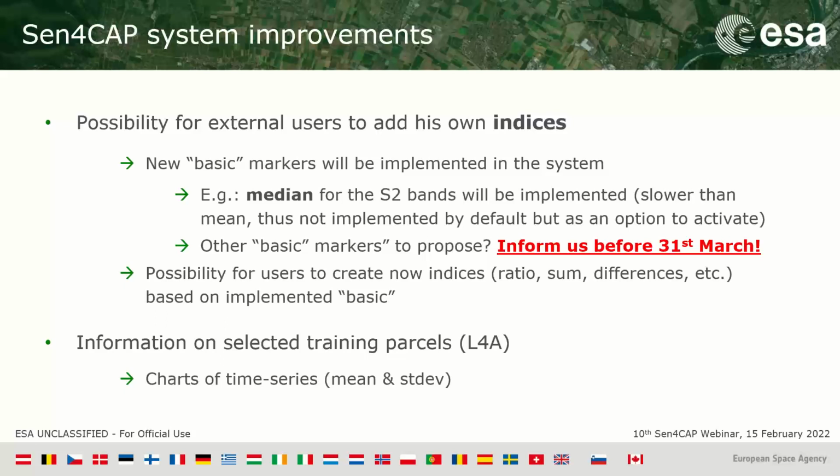Another improvement will be the information on selected training parcels in the crop type map L4A processor of the system, where we will be offering the possibility to produce a chart of time series, so the mean and the standard deviation of these selected training parcels.